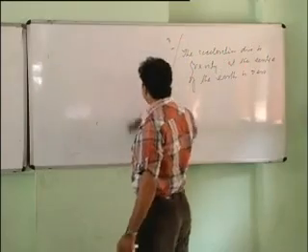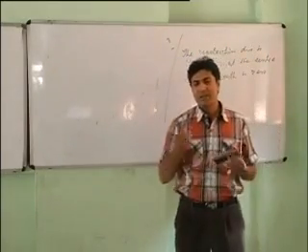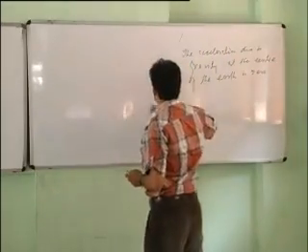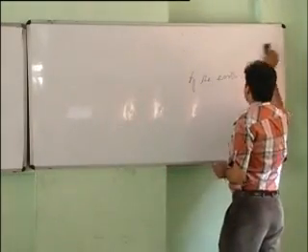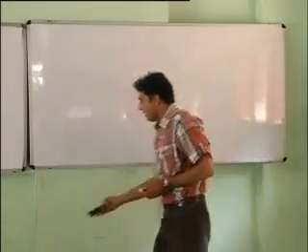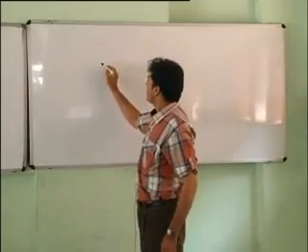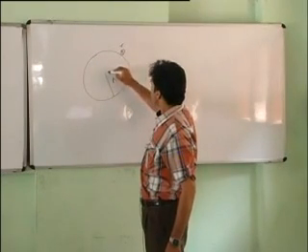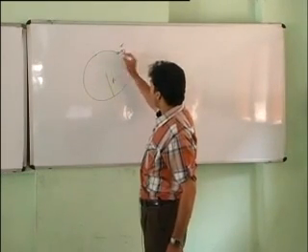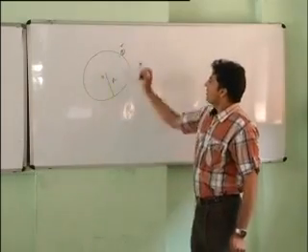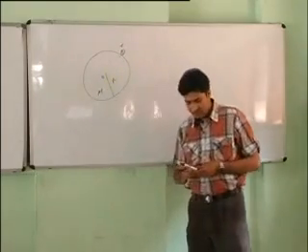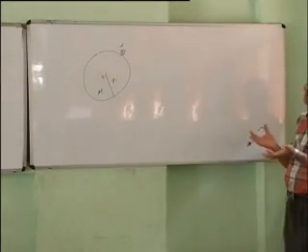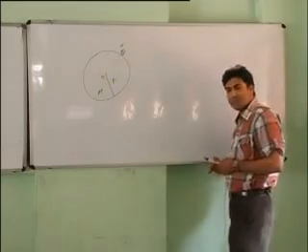What is the potential energy if a particle of mass m is placed on the surface of the earth? The potential energy of an object when it is placed on the surface of the earth is given by, it is the shape of the earth, it is the object of mass m, obviously this is the distance r, it is the center, and mass of the earth, let me suppose it is capital M. What is the formula for potential energy of the system of the earth and the mass placed on the surface of the earth?